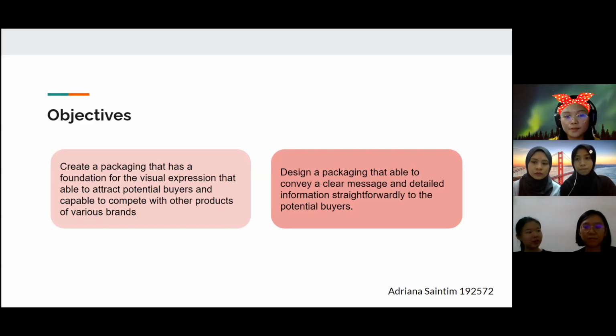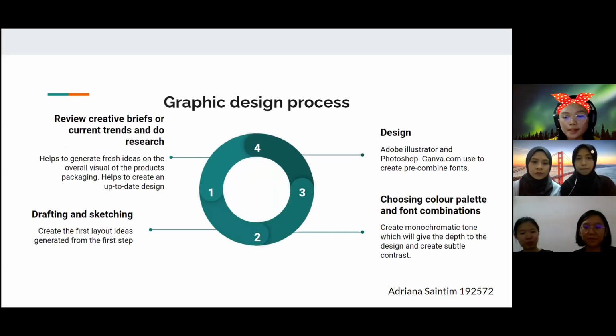So basically, this is the graphic design process for our packaging. The first step is to review the creative briefs or current trends and do research about various brands and various packaging designs of various brands.